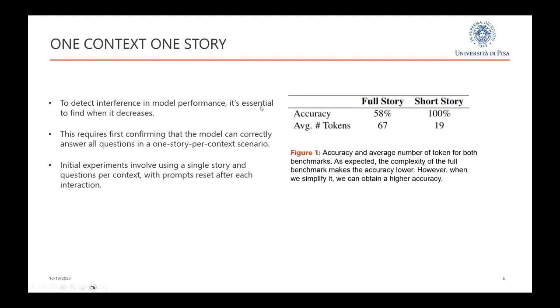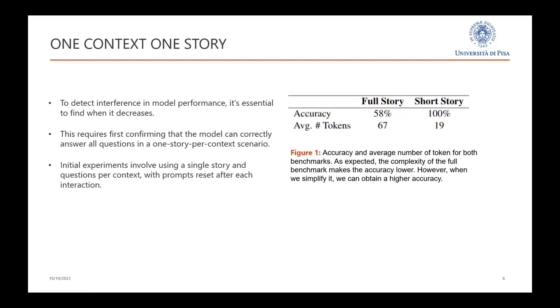Adding single stories within a single context gives a baseline, to know if the model is able to answer these questions anyway. We ask a question based on the simplest story we provided, and we reset the context. The accuracy was very high, 100% with the short stories.